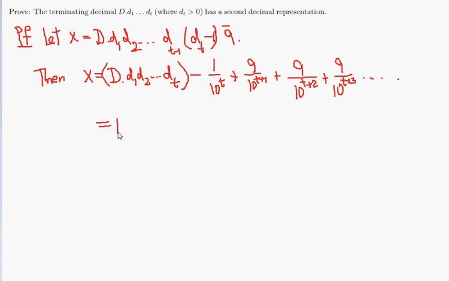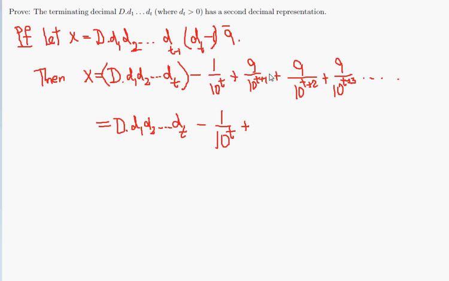Okay, so the first part stays the same. And the object is to show that the rest of the terms cancel and give me 0. So minus 1 over 10 to the t. Now the rest of this is a geometric series.